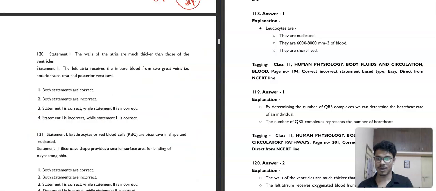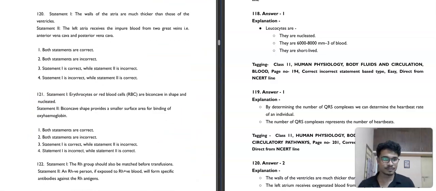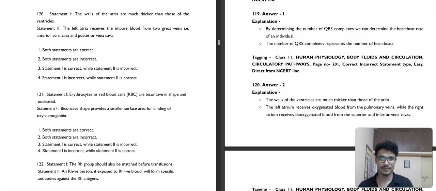Then question number 120. It is saying that the walls of the atria are much thicker than those of the ventricles. So the walls are not thicker in atria, they are thicker in the ventricles.